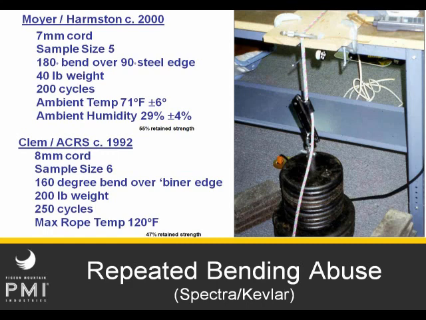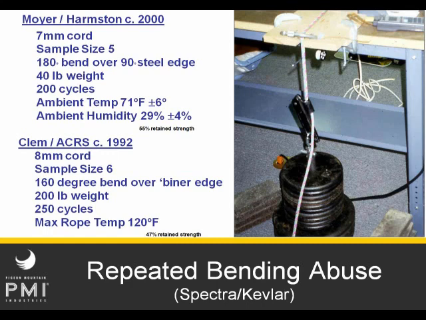A 200-pound weight was hung from that as though to simulate a human, and it was run back and forth 250 cycles, just a couple of inches, back and forth across the carabiner, as you might do over a period of months or weeks or years of use. With the Spectra Kevlar blend rope, over 50% of the strength was lost during these tests.